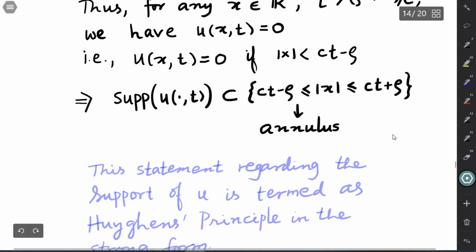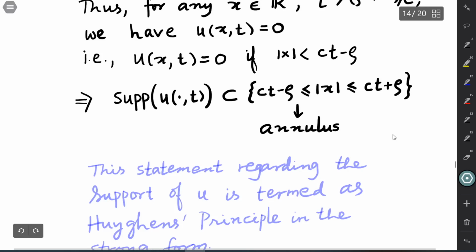And now we use the same to derive a formula for the solution of the wave equation in two dimensions, and this is known as the method of descent, and it's due to Hadamard.